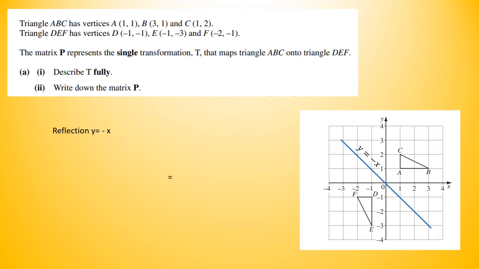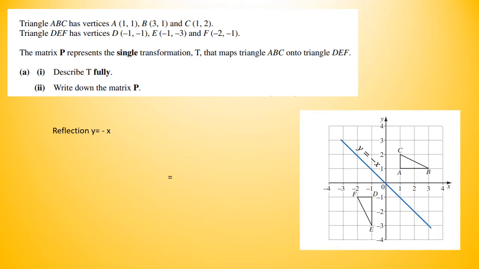The single transformation T, which maps triangle ABC onto DEF, is a reflection along the line y equals minus x. You can use tracing paper and draw this and check how it reflects along the line y equals minus x.